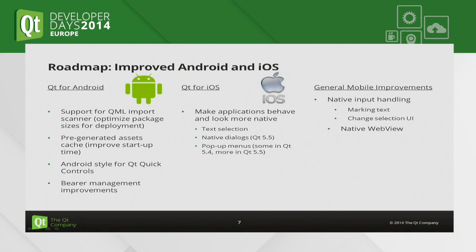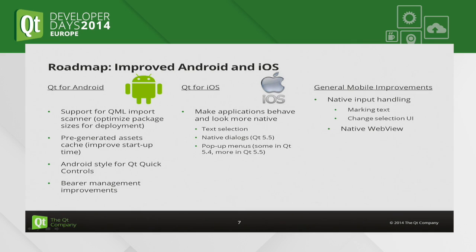There are some use cases where you really want to use native look and feel, especially on iOS. The competition in the App Store is quite brutal, and if you want to get on the featured list, it's quite impossible if you're not using iOS look and feel. So that's a pretty legit reason for using a native look and feel.